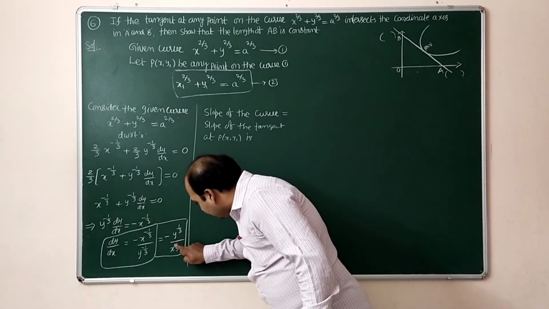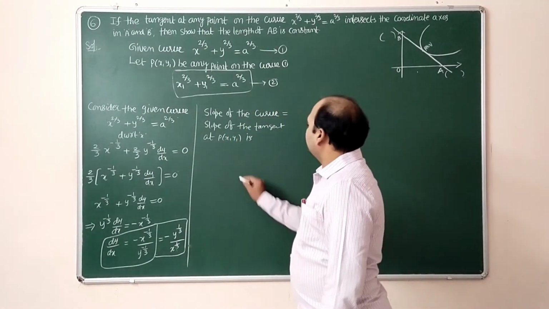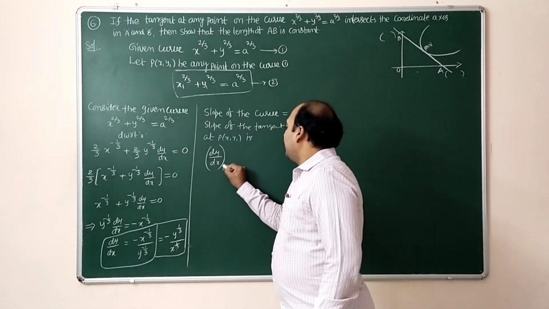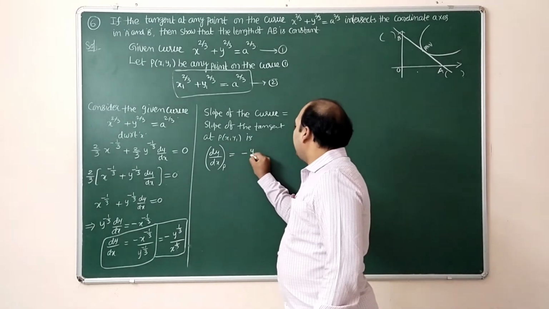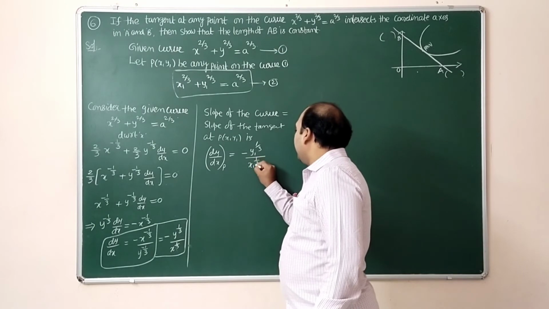Here this is the power 1, it is not a multiple power. So dy by dx at P equals minus y1 power 1 by 3 by x1 power 1 by 3.